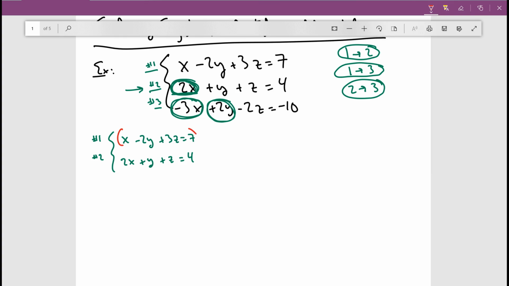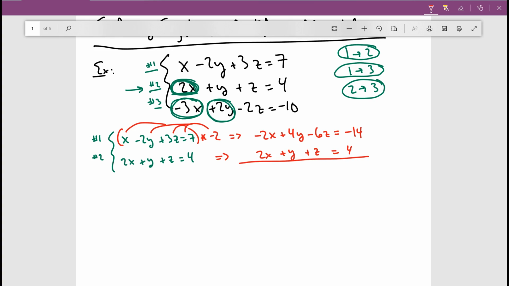Well, I can multiply this whole thing by negative 2. That gives me negative 2x plus 4y minus 6z is equal to negative 14. I just distributed this into every single term. This one, nothing's going to happen to it. It's just 2x plus y plus z equals 4.